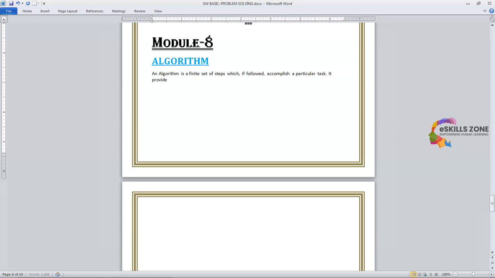It provides the sequence of steps which are taken for solving the problem.